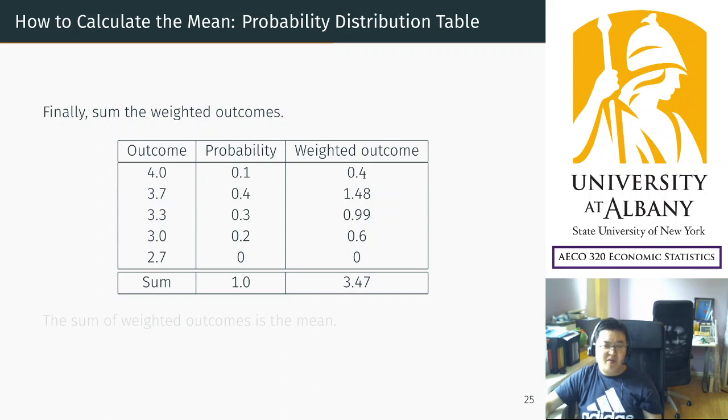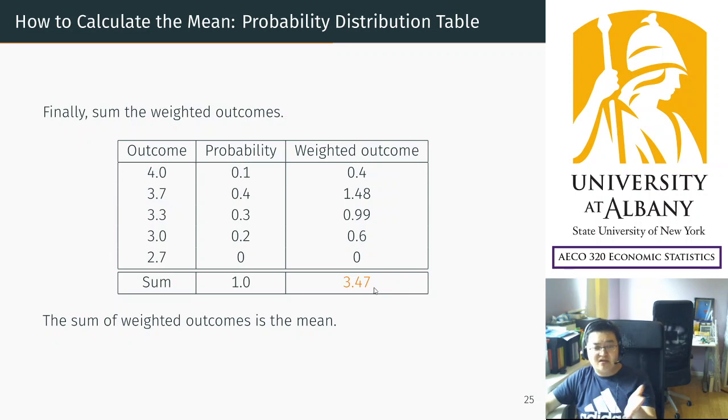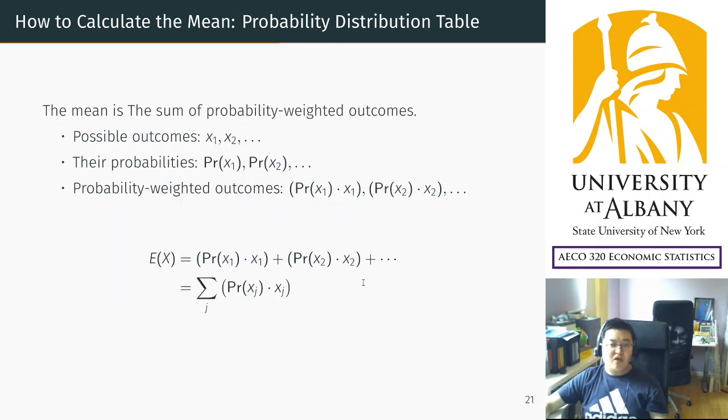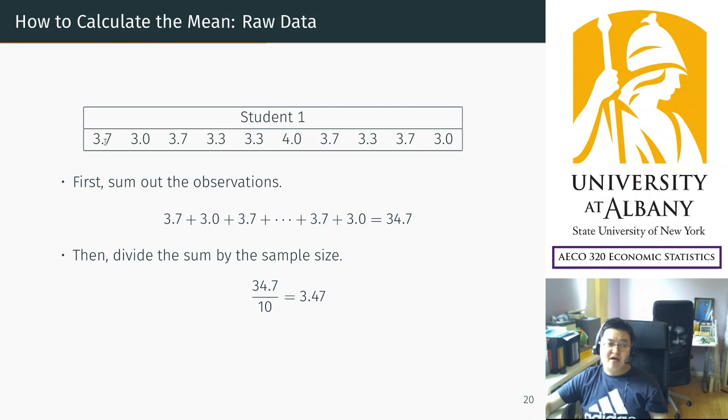Remember, these are probability weighted outcomes, and the definition of the mean was the sum of probability weighted outcomes. So add all these numbers. 3.47. That is the mean. That is the average, right? This is exactly the same number we calculated from the raw data.